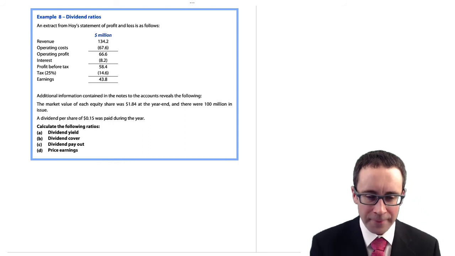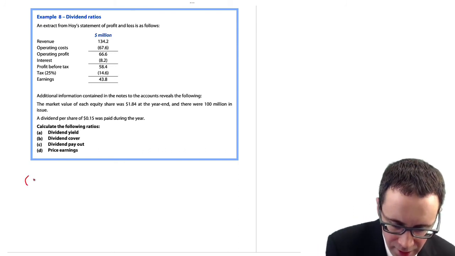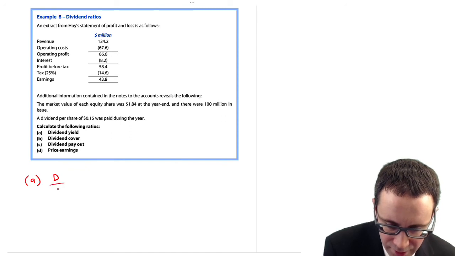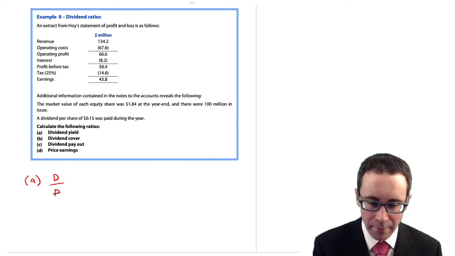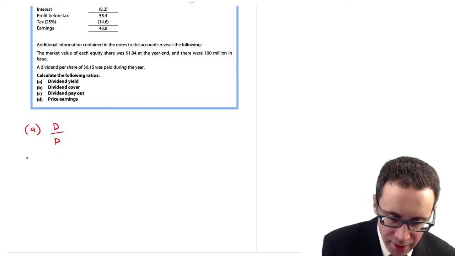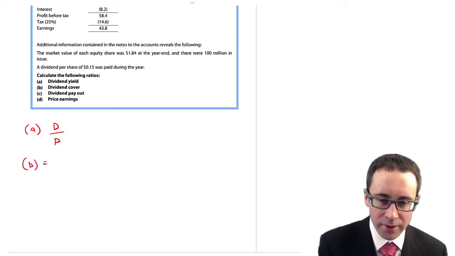So what you've got there, it says calculate the following ratios. It wants your dividend yield, doesn't it? So if I'm looking there at my dividend yield, is that my dividend divided by my price, isn't it? So my dividend per share divided by my price per share. If I'm then going through there and thinking about, is it my dividend cover?